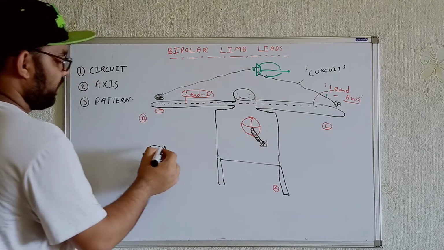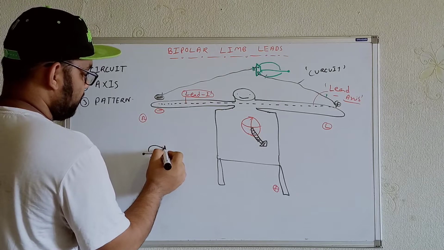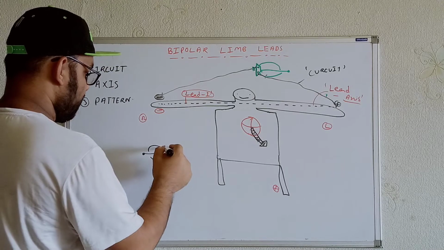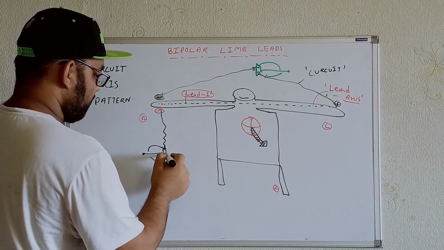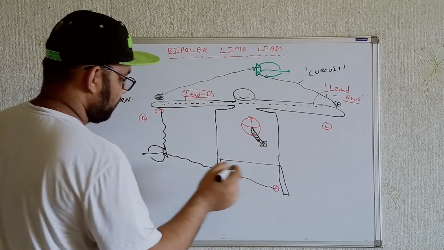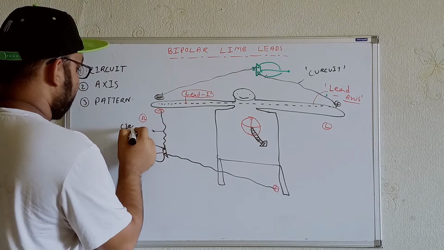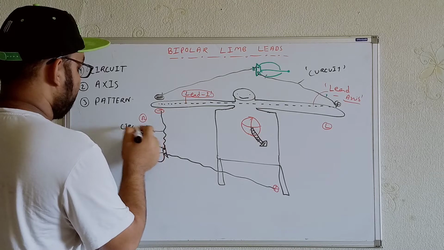This is the galvanometer, and this is the point over here. I'm attaching this point with the negative one, and this one with the positive. Now this is the circuit.